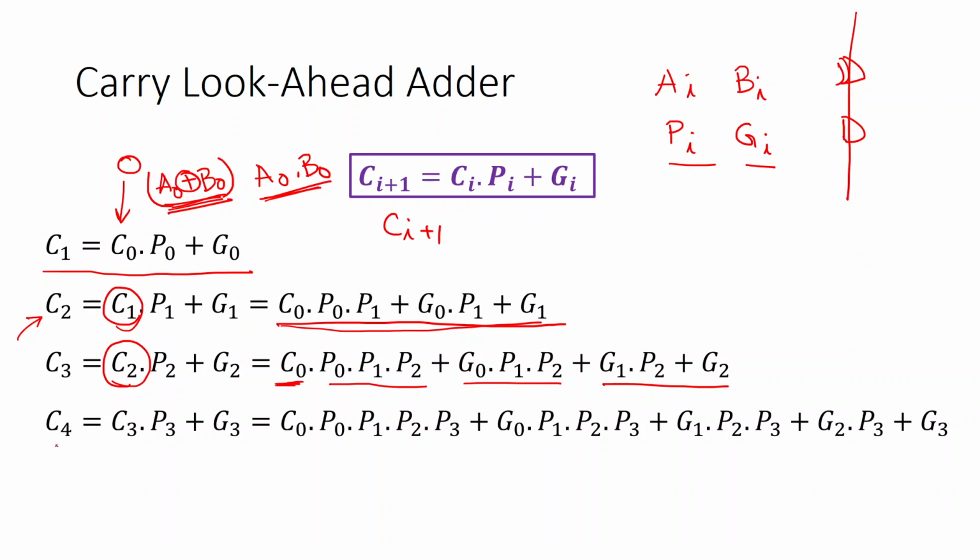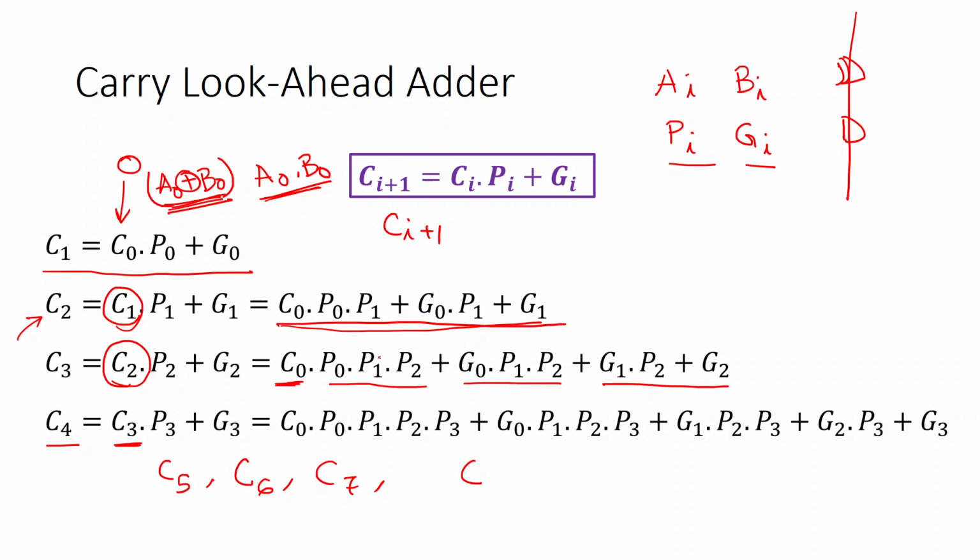Similarly, C4, you substitute C3, you will get this expression. You can keep on going further, no matter what, every Ci+1, every Ci actually gets generated by only this one level of gate operation.